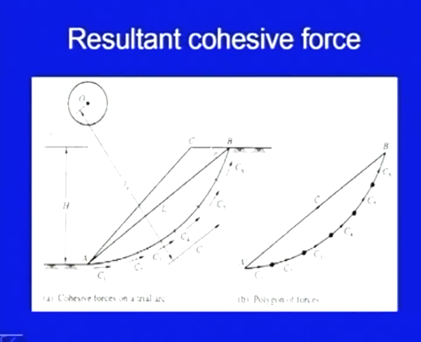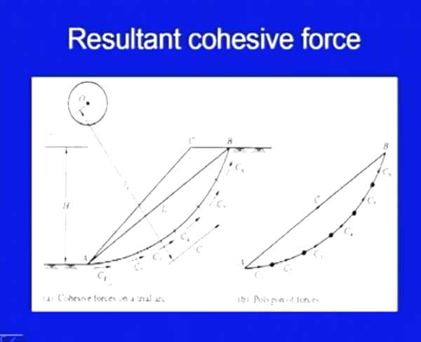Now, come to the cohesive forces. This is the trial circle, and let us divide it into very small segments all along this arc. So, this is a small segment, another small segment, a third small segment, and so on.